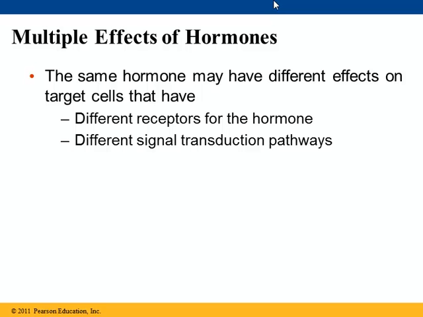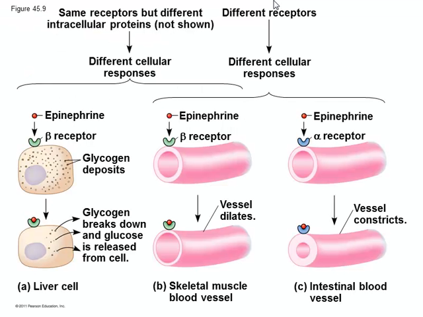Hormones can have multiple effects depending on the tissue type they're smacking into. So the same hormone can have opposite or oblique effects to itself. And epinephrine, adrenaline, once again, helps you see this point. Because epinephrine can smack an alpha receptor on a blood vessel and cause the blood vessel to constrict. This might be in your intestines to prevent you from absorbing food because we want to divert blood away from absorbing food and instead to the tissues that have a beta receptor.